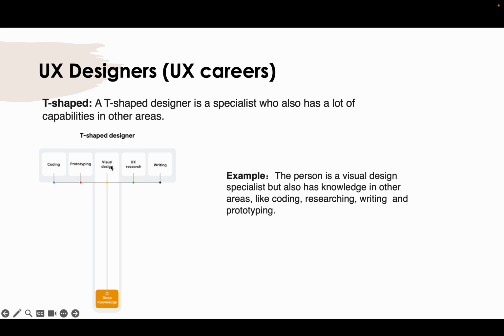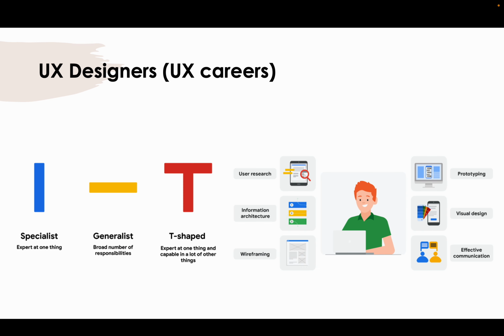So, for example, you are an expert in visual design. You have deep knowledge in this area, but you also have some skills in prototyping, coding, UX research, and writing. Yeah, so that's the T-shaped designer.